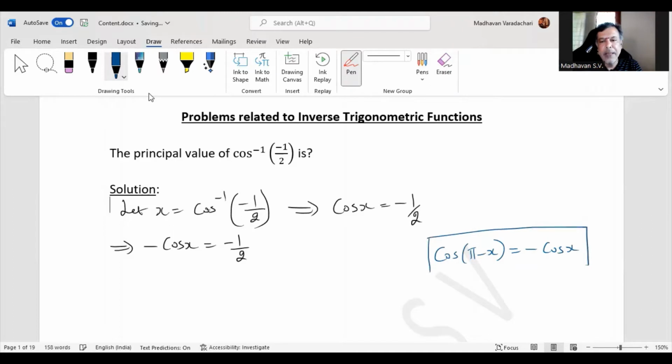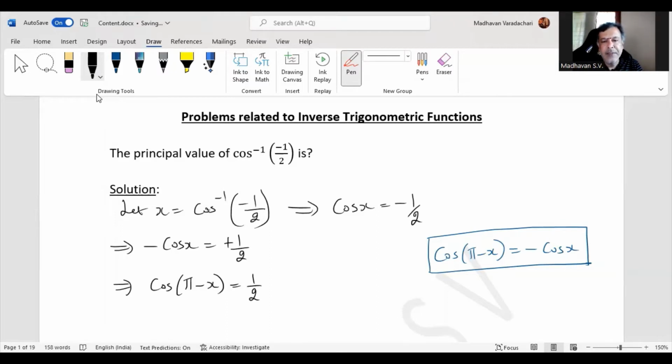So we will be applying that here to rewrite this negative cos x as cos of pi minus x is equal to, sorry, here it is plus half, is equal to half.